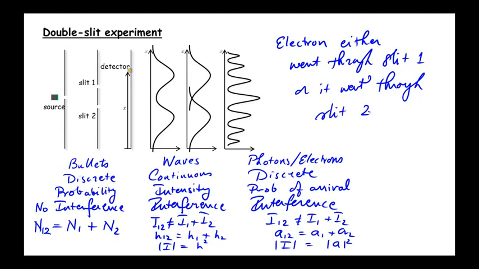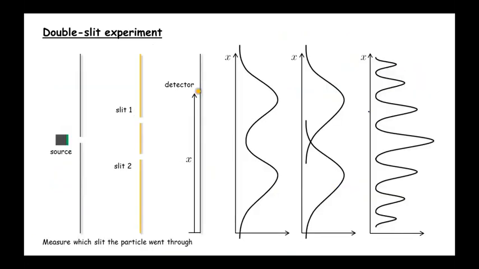So to try to test this proposition, what we can do is run this experiment again with electrons, but now we'll try to detect which slit it went through.